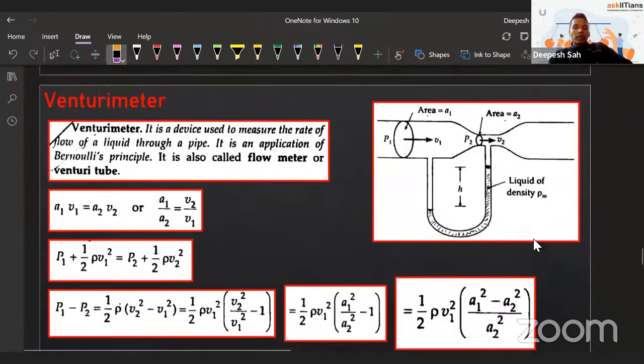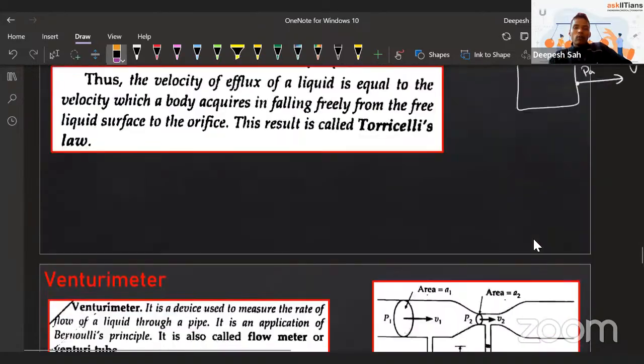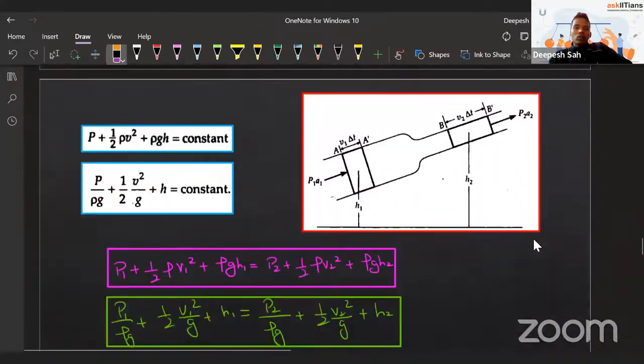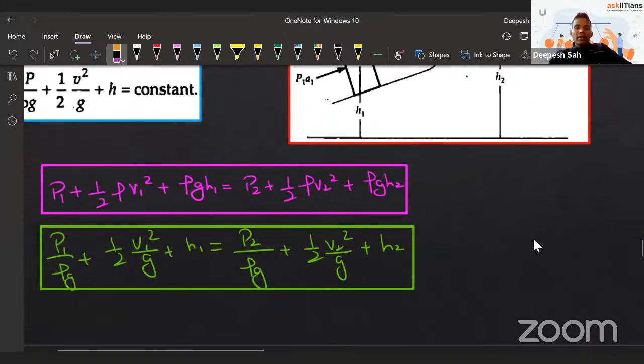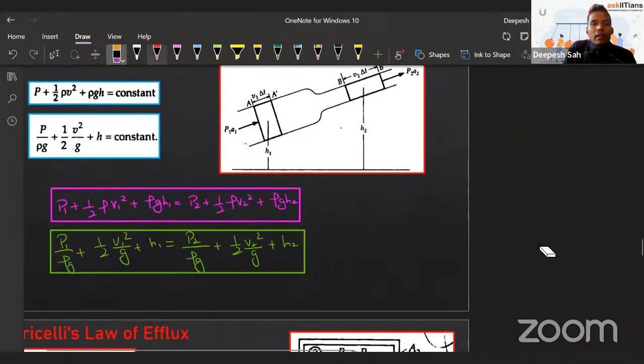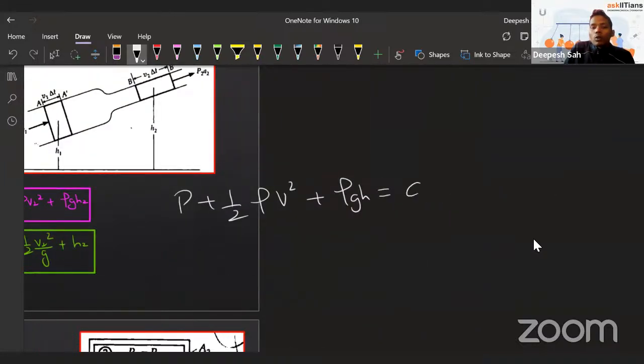Next is the Venturi meter. Now, before explaining this, I want to go again to this particular concept, and I'm rewriting it. P plus half rho V square plus rho GH is equal to a constant.